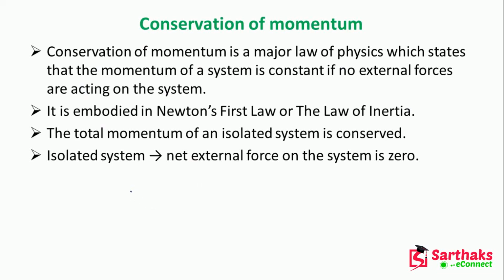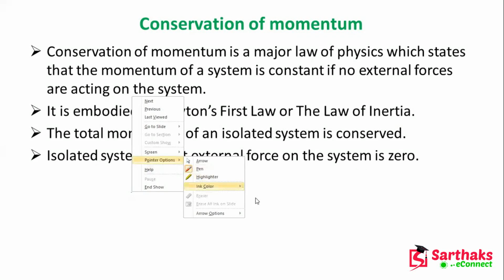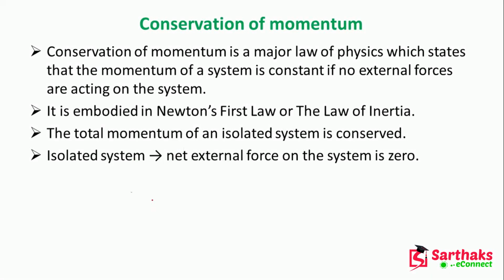Now, let me take another color. Suppose this is a system. This is a block. In this system, you are applying the force F in this direction, and in this direction also you are applying the force.